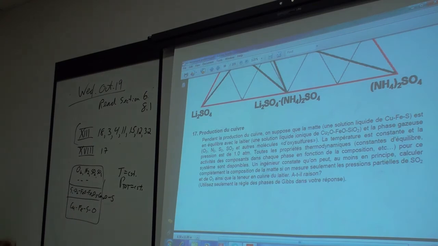He can then calculate, in principle, if he had all the thermodynamic properties, exactly the composition of the matte phase.